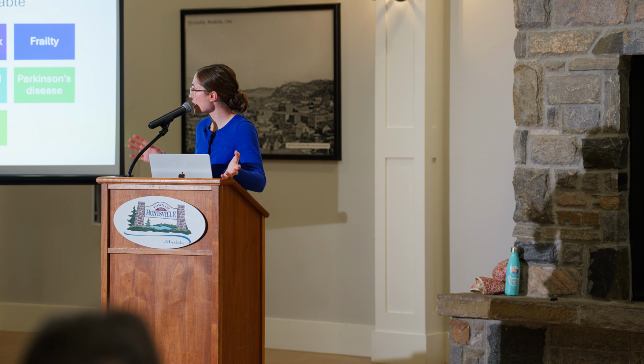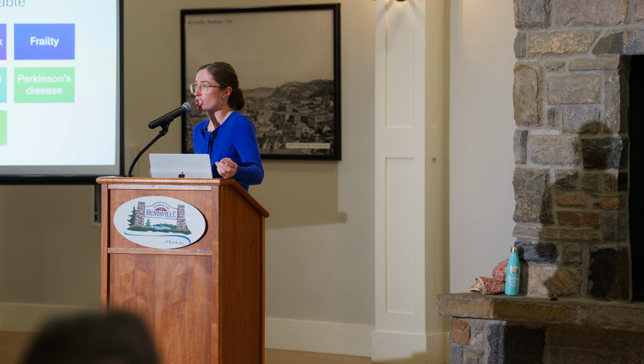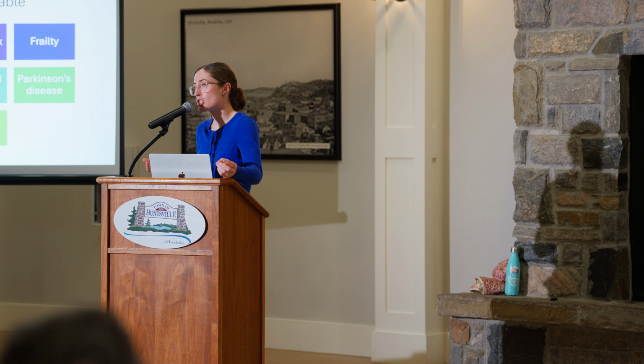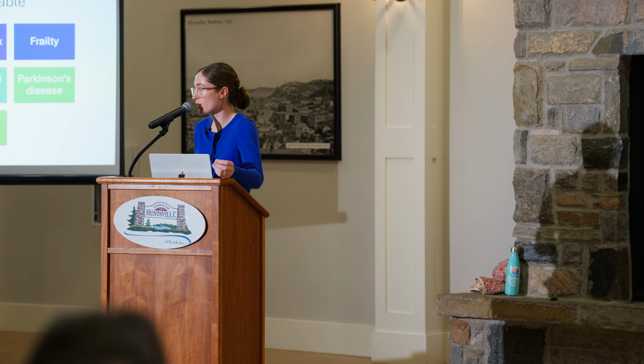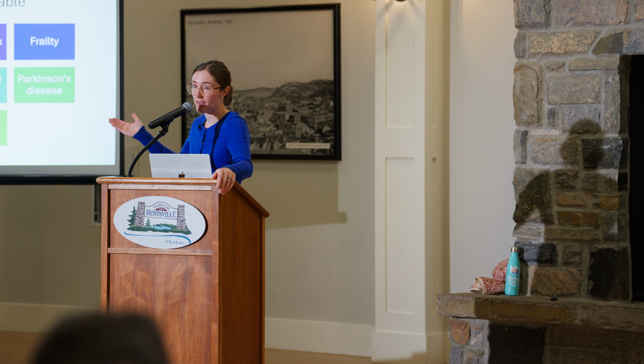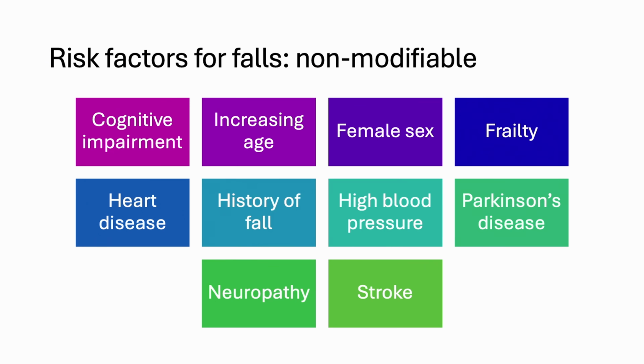And then heart disease. We can't necessarily change if you have heart disease already, but last week we talked about stroke, and I'm mindful that not everyone was at that talk. We can't change if you already have heart disease, but there are some medications that we can use to control the symptoms or reduce your risk. We can't change whether you've had a fall in the past.